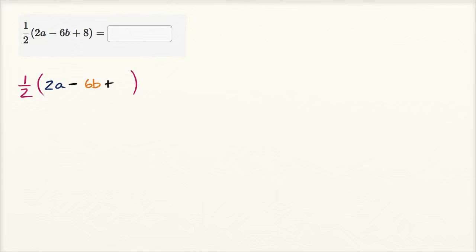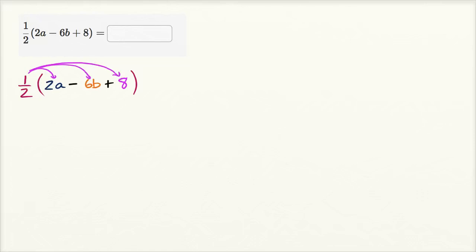Plus, and I will do 8 in this color, plus 8. And so I just need to distribute the 1/2. If I'm multiplying 1/2 times this entire expression, that means I multiply 1/2 times each of these terms. So I'm going to multiply 1/2 times this, 1/2 times this, and 1/2 times that.